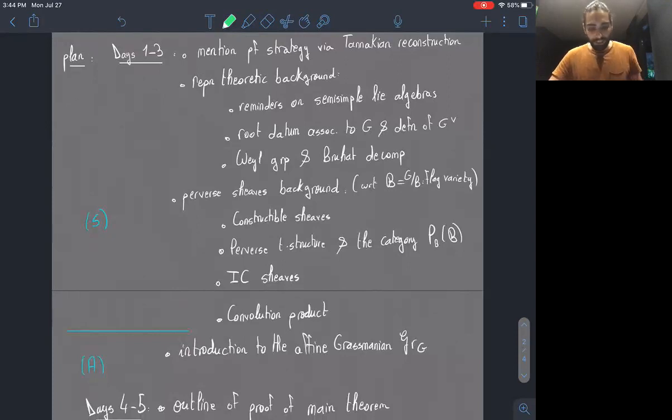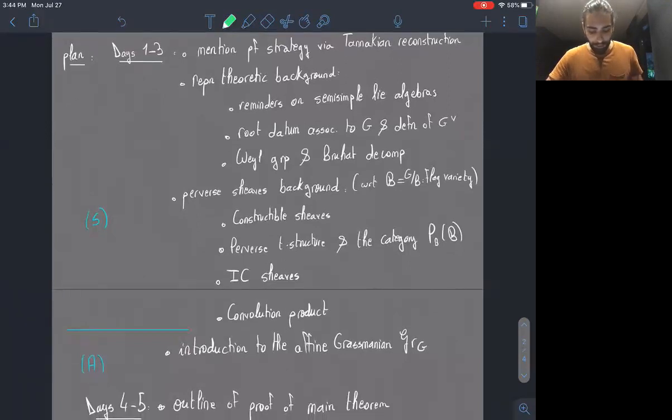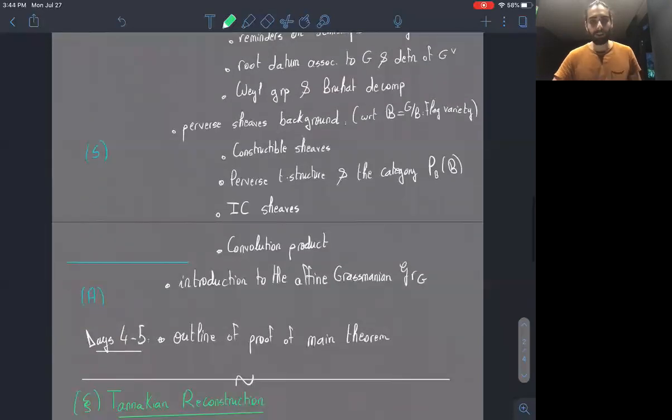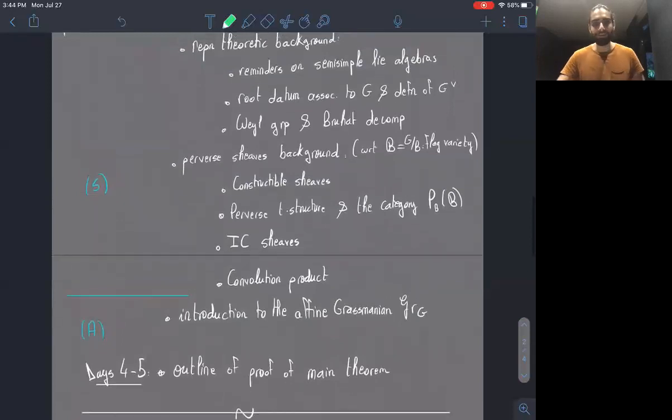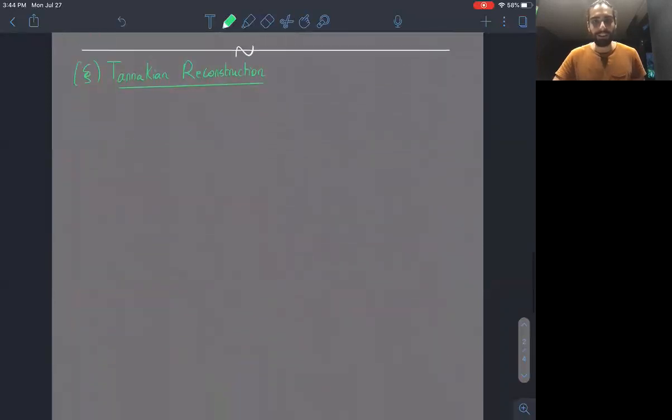That would be the end of my part of the talks, and then Alberto will pick up from there. He will introduce the affine Grassmannian, talk about its geometry and the Bruhat-type decomposition it admits. And the last 2 days will be spent trying to actually prove the main theorem. So that's the idea, and I guess now we can get started.